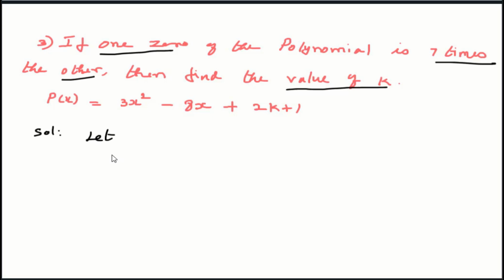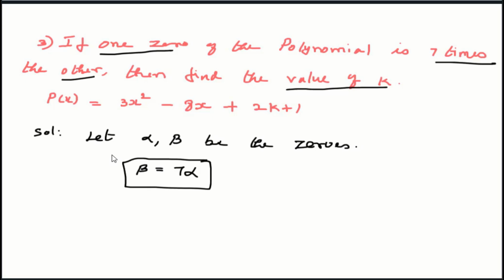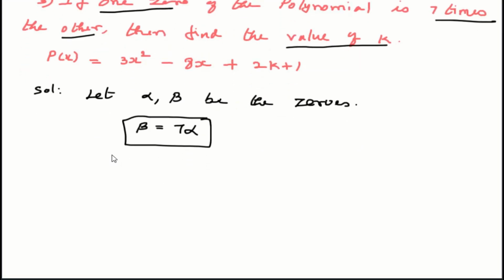First let us fix the zeros. Let alpha, beta be the zeros. But it is given one zero is 7 times the other. So I can write beta is equal to 7 times alpha. So the zeros are alpha, 7 alpha. Now let us go with sum of zeros.